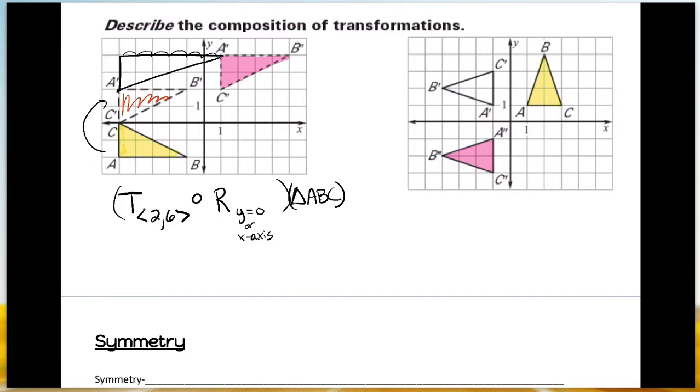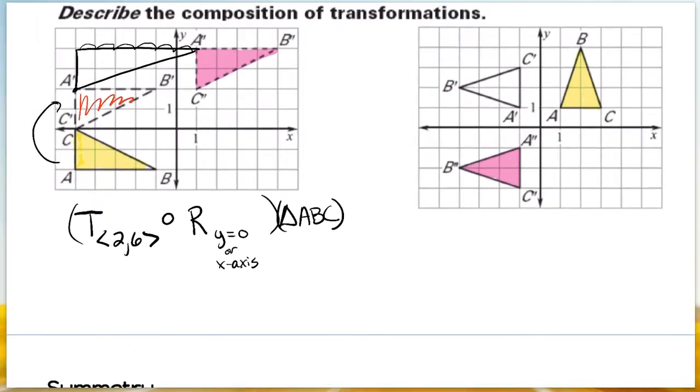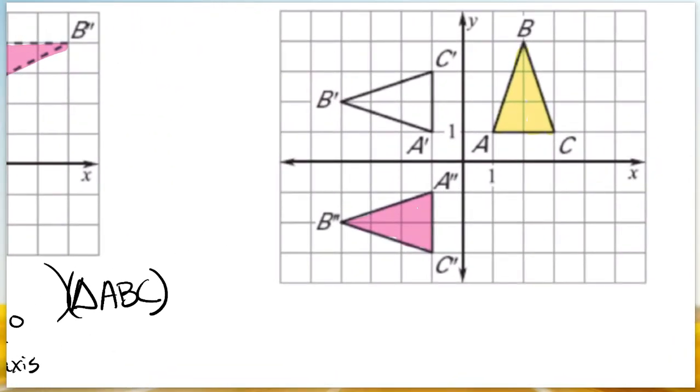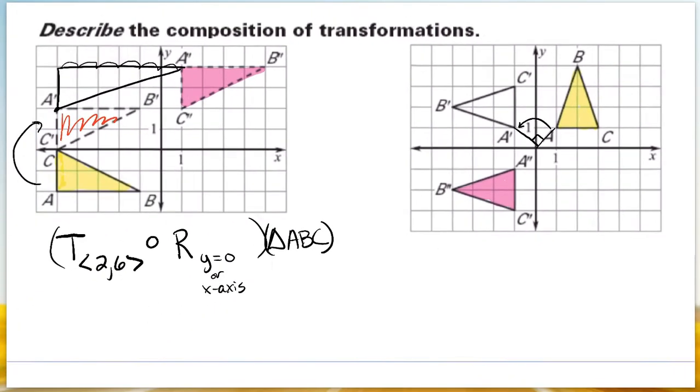B is not at the top. It didn't move to the very bottom, it moved to the side there. So that means we're going to be doing a rotation as part of our transformations. So looking from A to A prime, if I notice that it's turned over between there, I can connect A to the origin and the origin to A prime, and I can see how many degrees of a turn this is. Remember, you want to go counterclockwise. This is a rotation of 90 degrees about the origin.